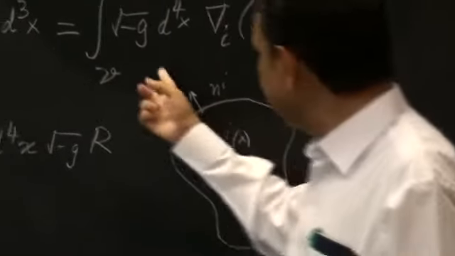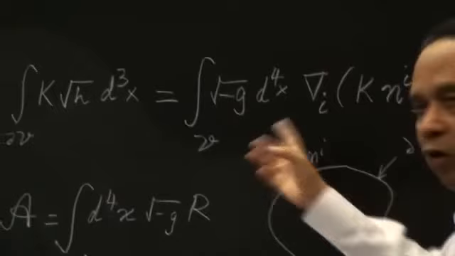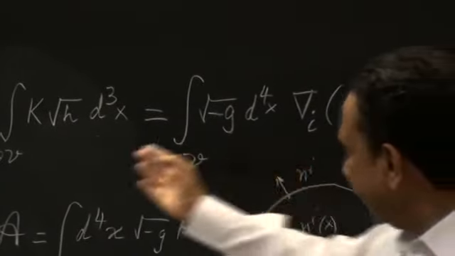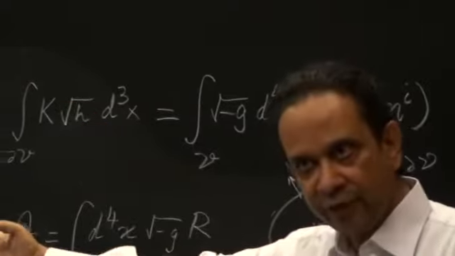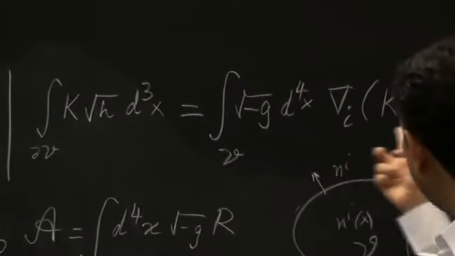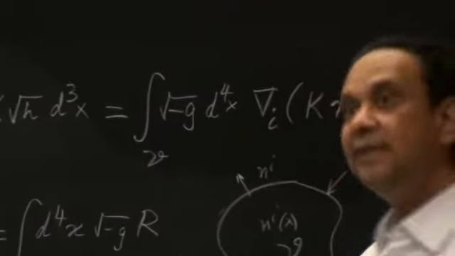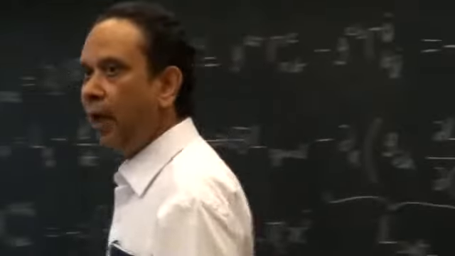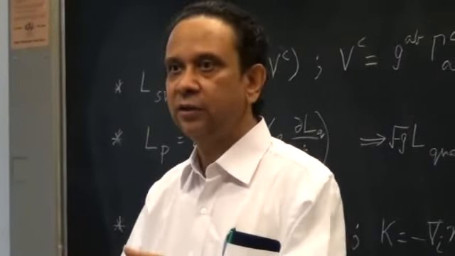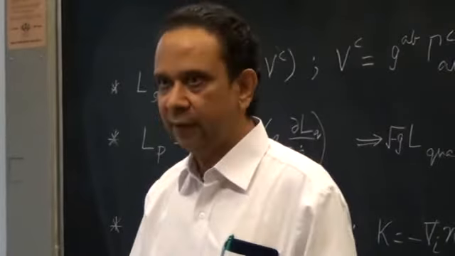This surface term I can explicitly write as an integral over a volume of some quantity, which means just as I can add this to R root minus g, I could have taken just R and to R I could have added this. Now is that covariant? Well, it looks covariant. It is R plus nabla_i of K n^i, where K is a divergence of a vector field and n^i is a vector field.